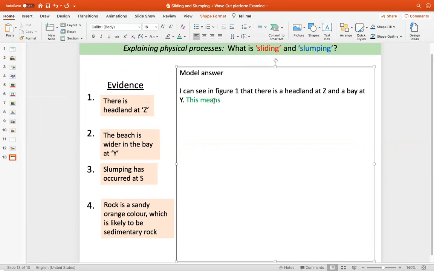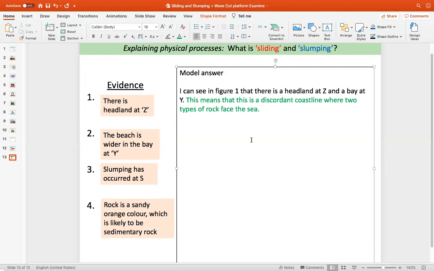Now we know what the evidence is because we picked it out, but I want you to see what it means to explain what that evidence is showing, okay? So this means that this is a discordant coastline where two types of rock face the sea.